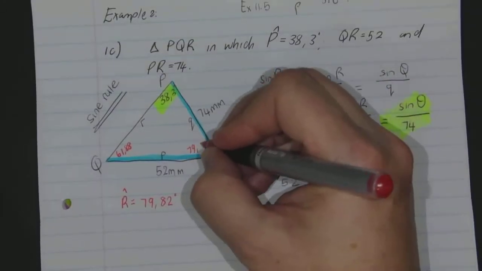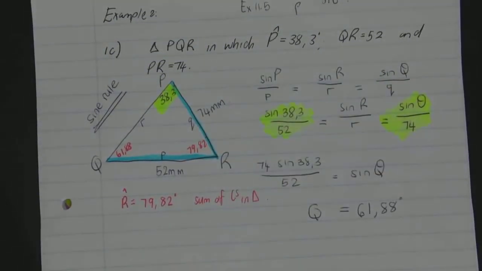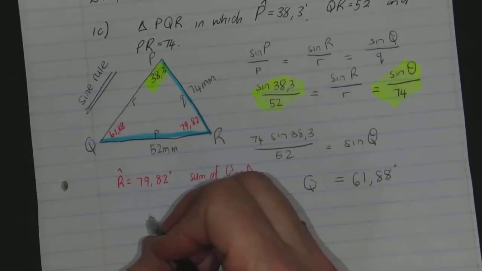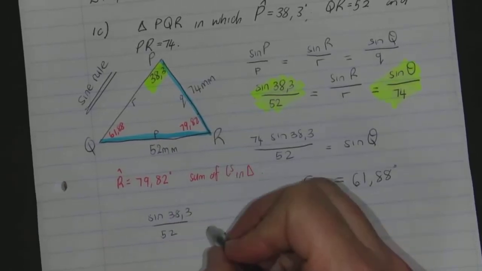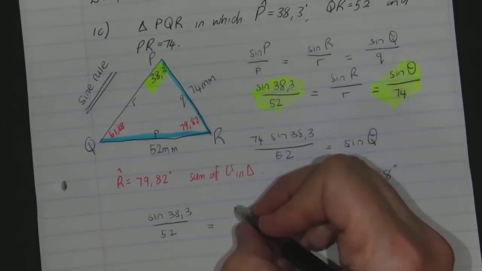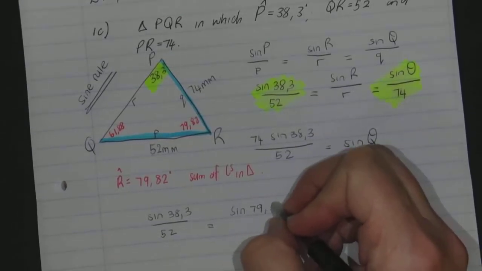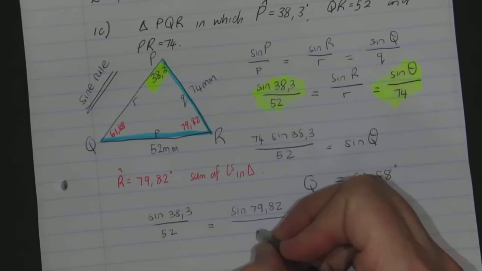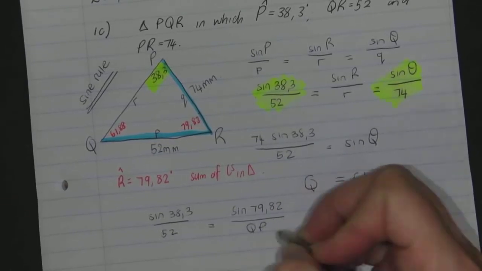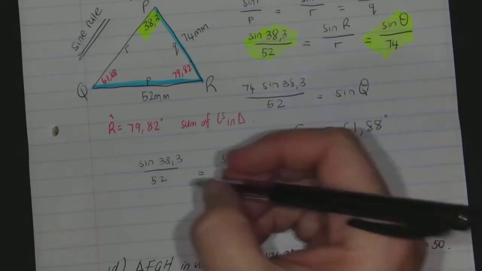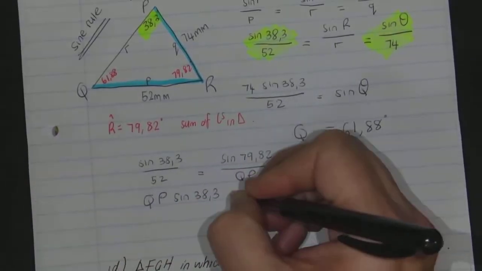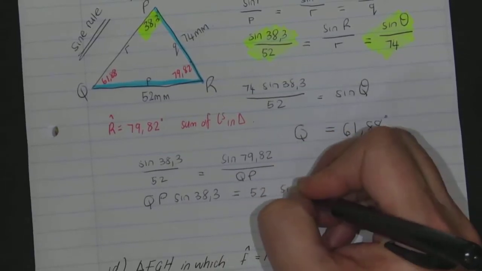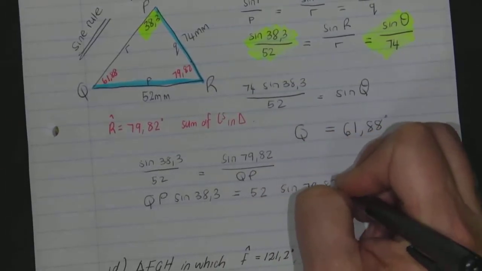So that's 79.82. Right, so that means I can now use sine 38.3 over 52 equal to sine of R, which is now 79.82, over, well, that's QP or side R. Okay, so QP sine 38.3 is equal to 52 sine 79.82.